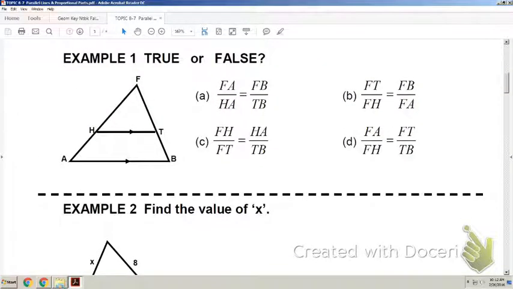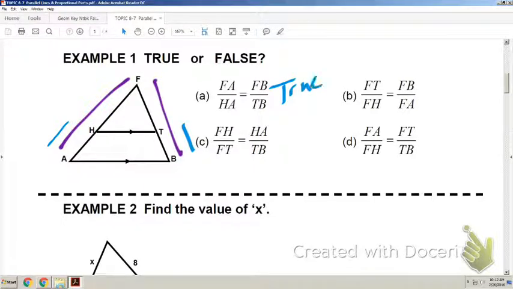Okay, on example 1, we're trying to determine if it's true or false the way the proportions are set up. So on part A, we have FA over HA equals FB over TB. That's set up the same, so that is true. Okay, part B, let's see if that is true or false.